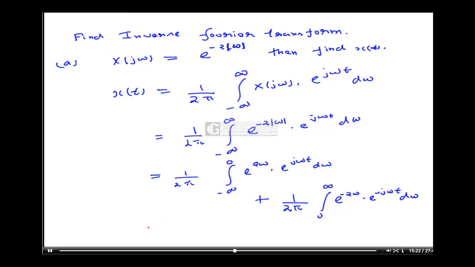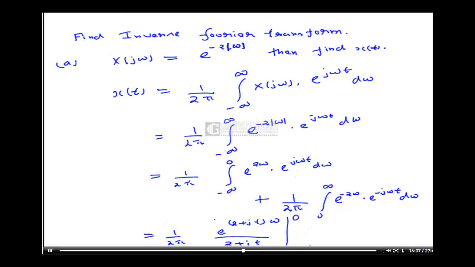On solving this integral, 1 by 2 pi e to the power (2 plus jt) omega upon (2 plus jt) from minus infinity to 0, plus 1 by 2 pi e to the power minus of (2 plus jt) omega upon minus of (2 plus jt), limited from 0 to infinity.